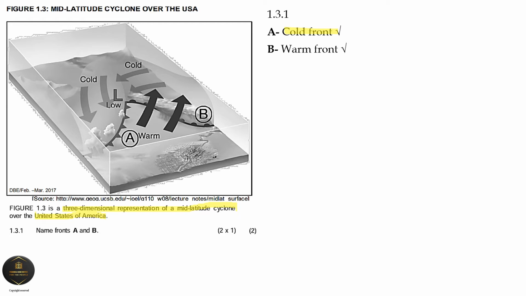So if you are responding, just clearly and distinctly show your responses to say front A is a cold front. And front B has your semicircle symbols, so that is your warm front over there. So you get your full marks. Now, I hope we are fine with that.